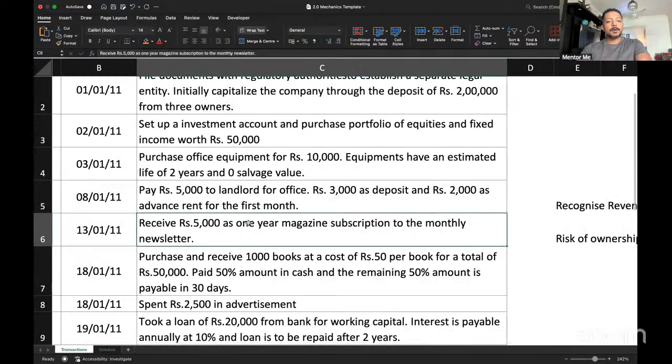Now this is advance in your case when you are selling things. So if you see here, you receive 5,000 as a 1 year subscription to the monthly newsletter. So let's say you are also providing some form of magazine subscriptions that you're selling. Now, you have already received 5,000 as an advance.